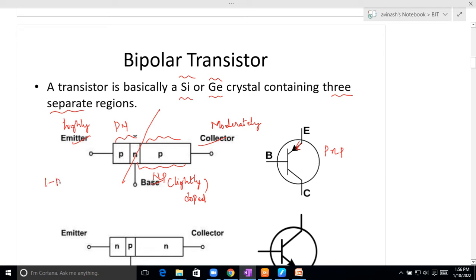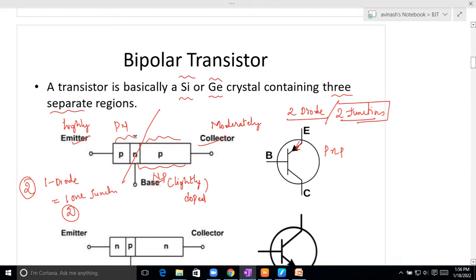If you have one diode, you will have one junction. If you have two diodes, then definitely you will have two junctions. So a transistor is two diodes sandwiched, which gives two junctions. A transistor has two junctions.